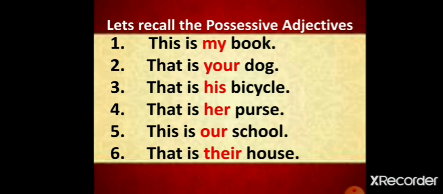जो words रेड कलर में दिए हुए हैं, the words which are red in color, इन सभी words के आगे there is one noun. Okay, if we talk about sentence number 1, this is my book, my book. Sentence number 2, your dog. Number 3, his bicycle. Number 4, her purse. Number 5, our school. And number 6, their house.